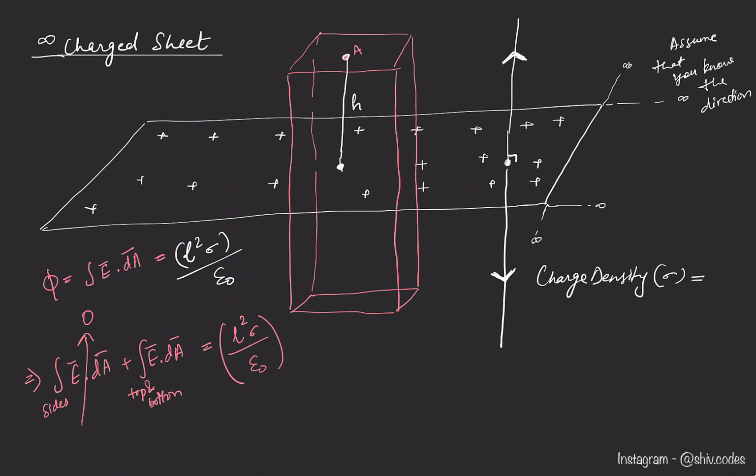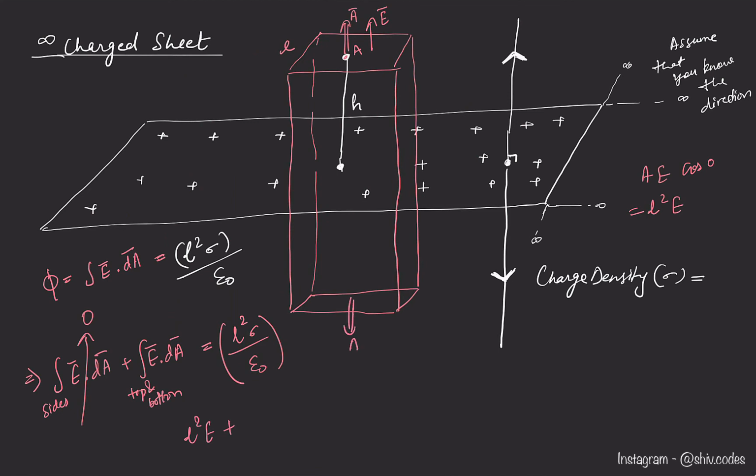For the top, the area vector is this, and the magnitude of the area vector is L square because the side is L, and the electric field intensity is E. Since A and E are in the same direction and cos of 0 is equal to 1, AE cos 0 would be equal to L square E. So through the top, the flux is L square E.